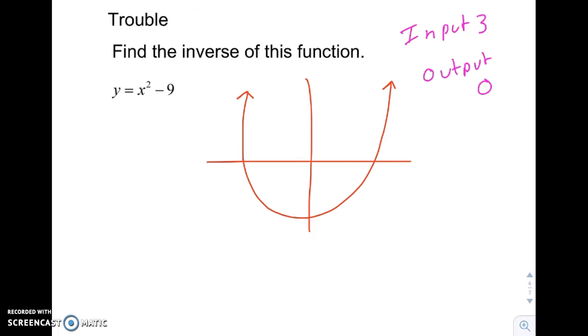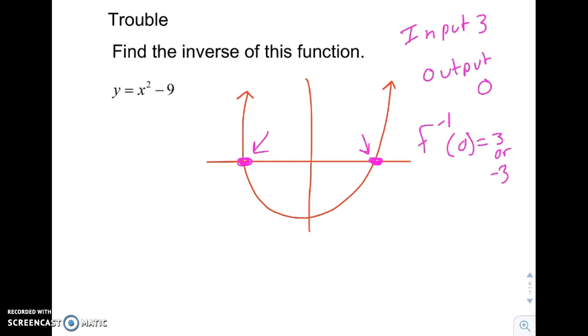But if you flip that around and in the inverse you input 0, there are actually 2 things you could get. See, what squared minus 9 will give you 0? The answer is 3 or negative 3. See, you've got 2 values here where the function is 0. And so this is a problem.